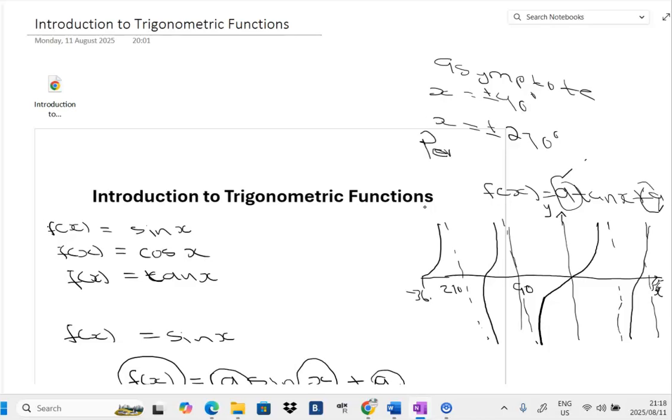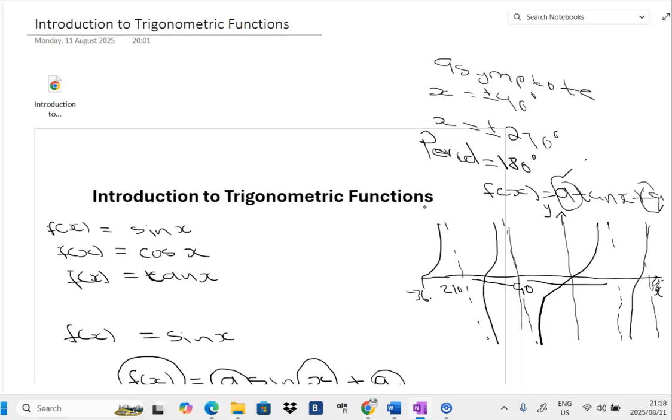The period of tan is different from cos. The period of tan is 180 degrees. So this graph actually repeats itself after every 180 degrees. If you can see here, it is from 270 to 90, then from 90 to 90, which is 180.